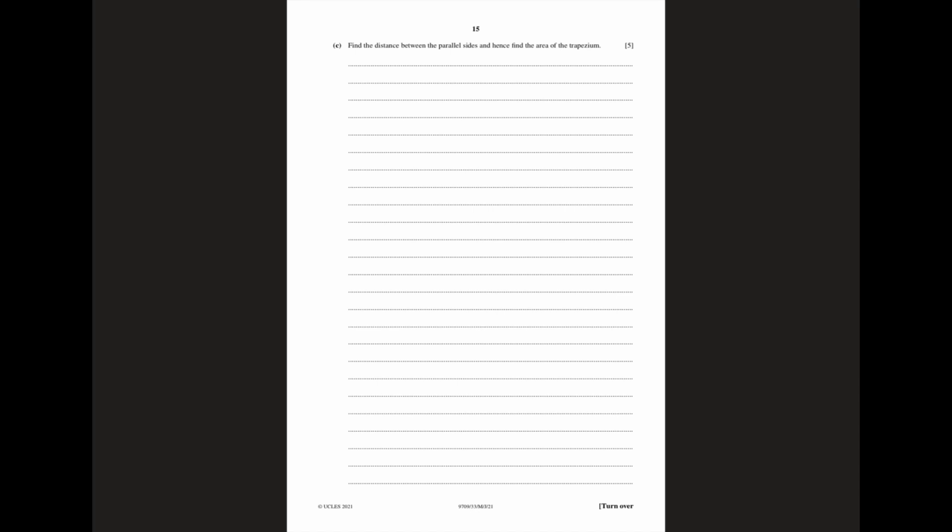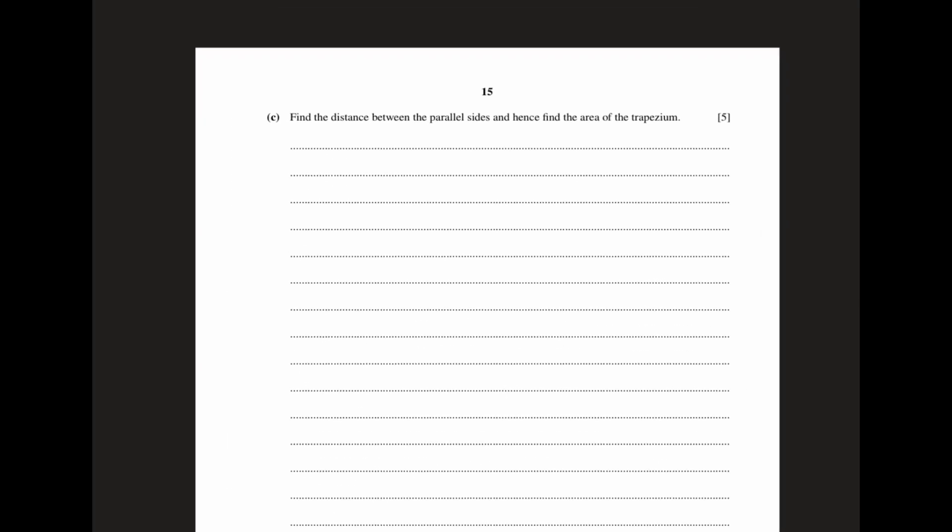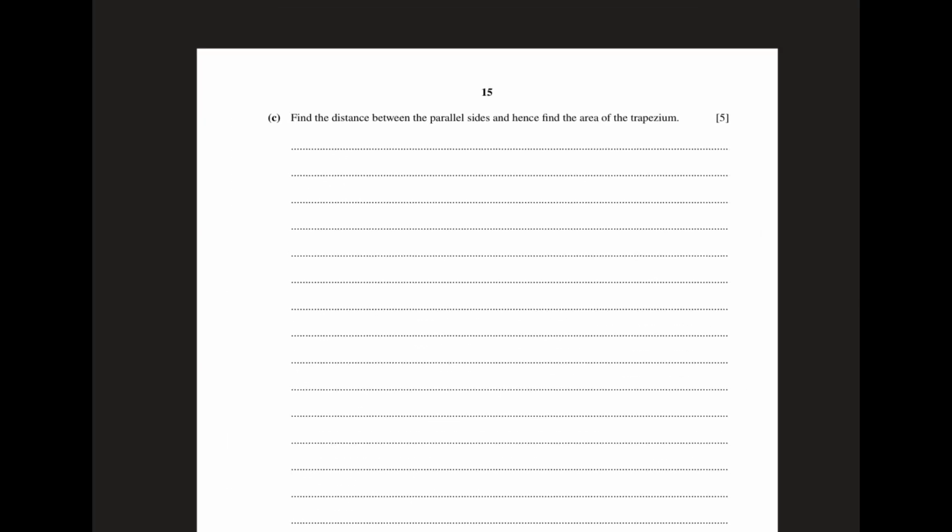Okay, now part C. Find the distance between the parallel sides and hence find the area of the trapezium. So imagine your trapezium A, B, C, D. So this is the trapezium just now.